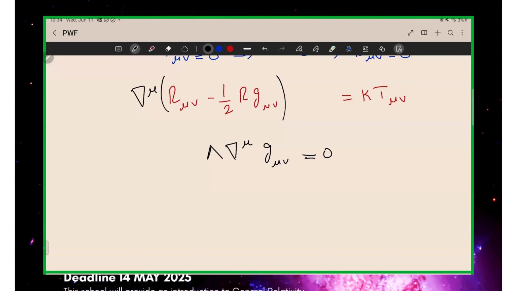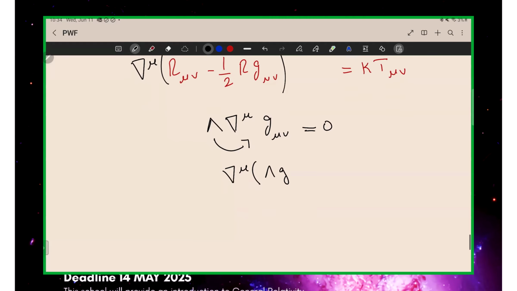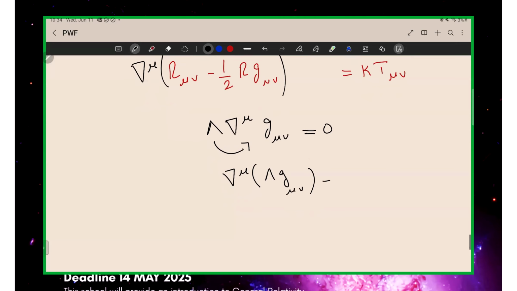Okay. So I can multiply both sides with lambda, right? The thing is that since this is a constant, I can bring it inside and I can write this down. So it means that we have another combination whose covariant derivative is 0.